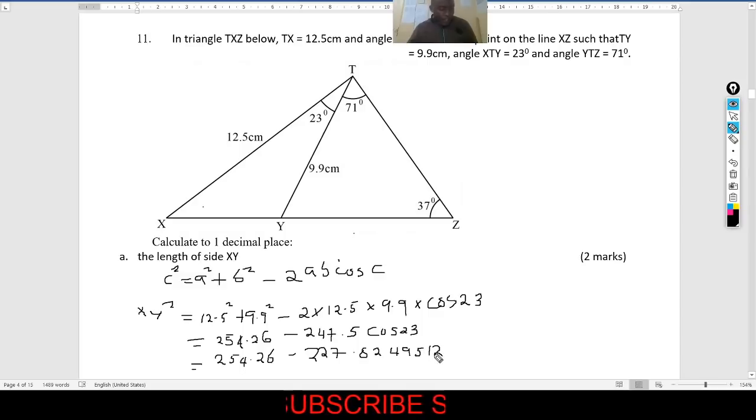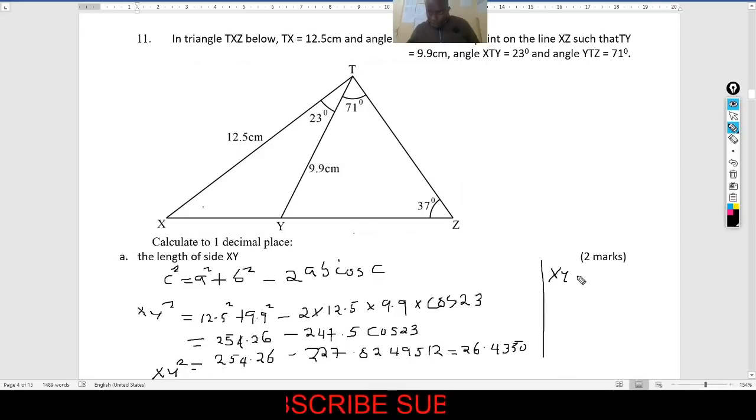It's good to even write all of them. So you subtract, and you get 26.4350. It's good to write it to 4 significant figures. Remember this is XY squared, so to get XY, you find the square root.